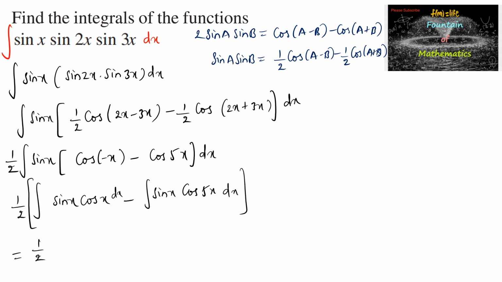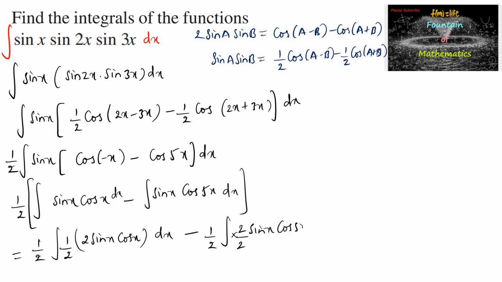or 1 by 2 integral. So here we can multiply and divide with 2. So 1 by 2 times of 2 sin x cos x dx, and here I can write 1 by 2 times integral and again multiply and divide with 2, 2 sin x into cos 5x dx, and we know the property 2 sin a cos b is equal to sin a plus b plus sin of a minus b.